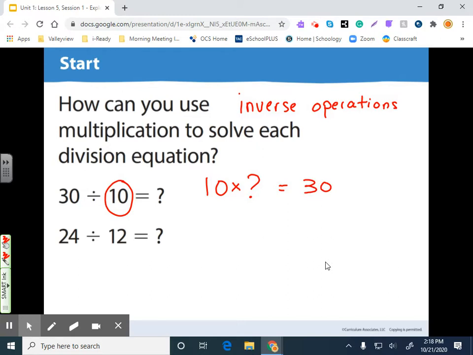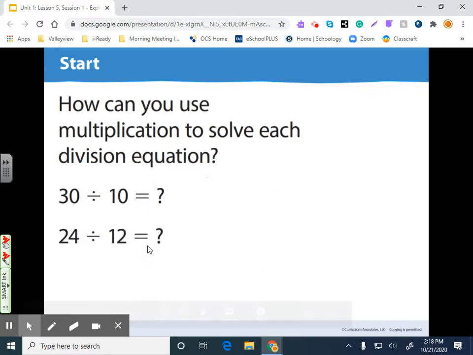You know, 10 times 3 equals 30, which means 30 divided by 10 equals 3, just like that. So you can see how they're related. You can basically look at this problem as 10 times something. Change that equal sign to a multiplication symbol. You can figure that out.